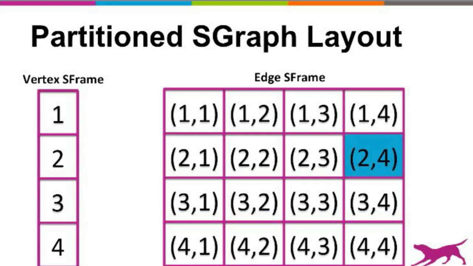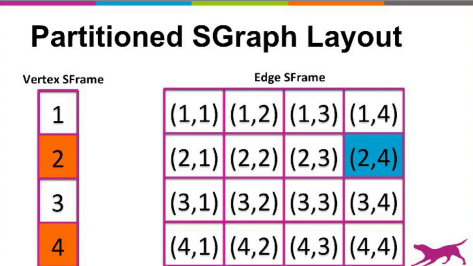With the constraint that partition (i, j) of the edge data contains and only contains edges from vertex partition i to vertex partition j. So in this case, the vertex data from partitions 2 and 4 plus the edge data at partition (2, 4) defines a subgraph that you can load and use to apply graph computation on.